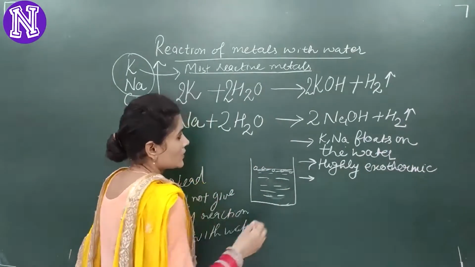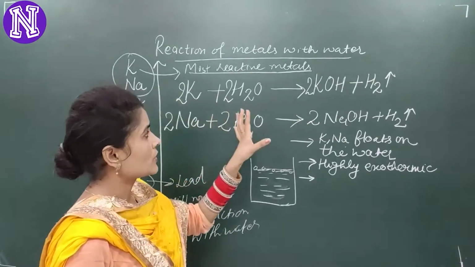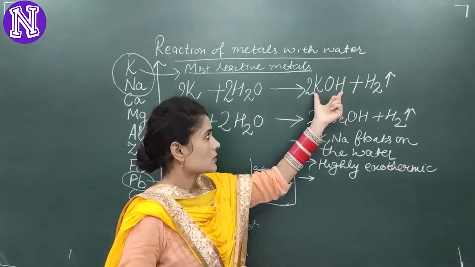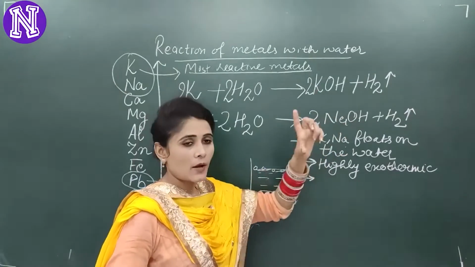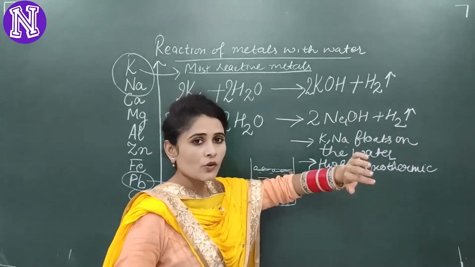Thirdly, you see the reaction here. When sodium and potassium react with the water, potassium hydroxide and sodium hydroxide are formed. Along with this, hydrogen gas is also evolved.